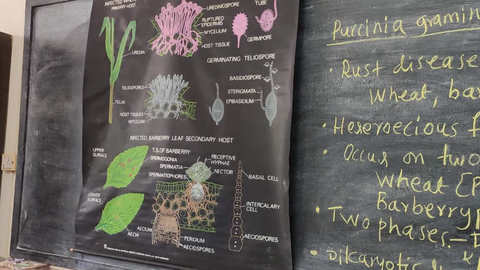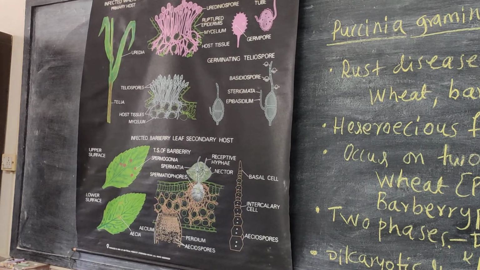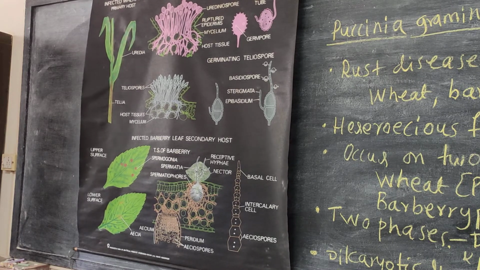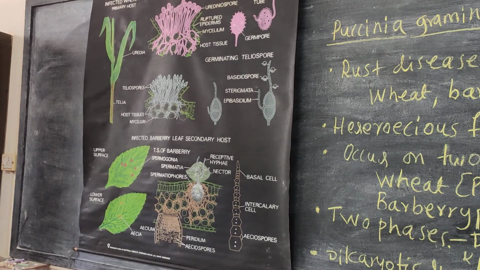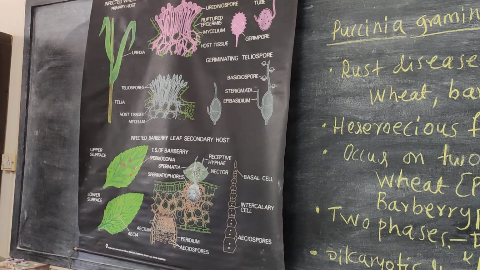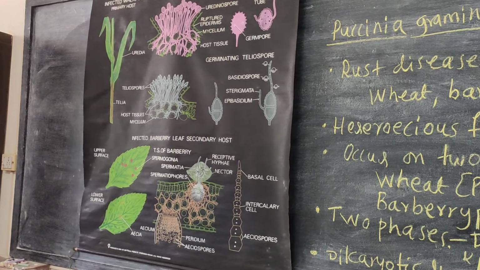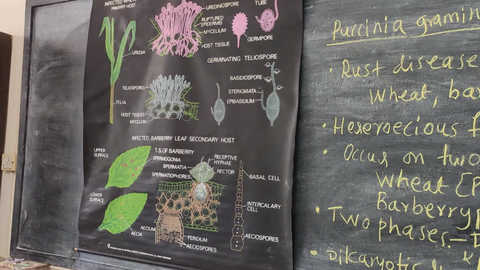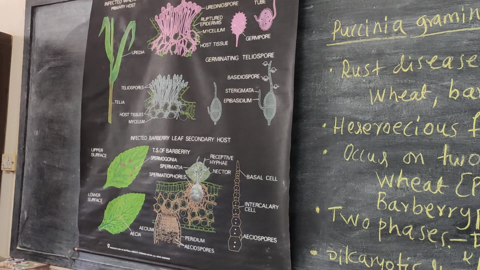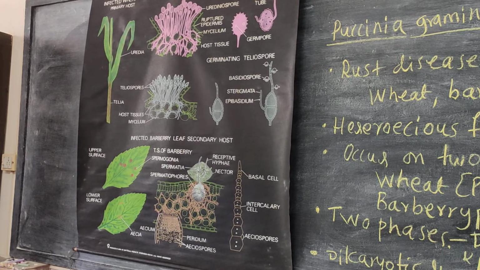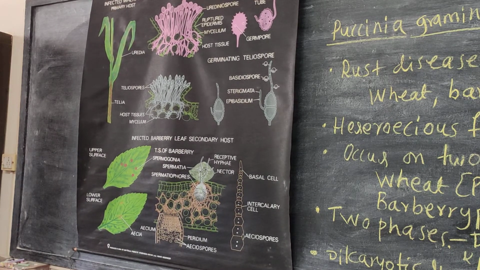The urediniospores are stalked, unicellular, rounded, binucleate spores. They are produced on the wheat plant by the mycelium of the Puccinia graminis during early summer.